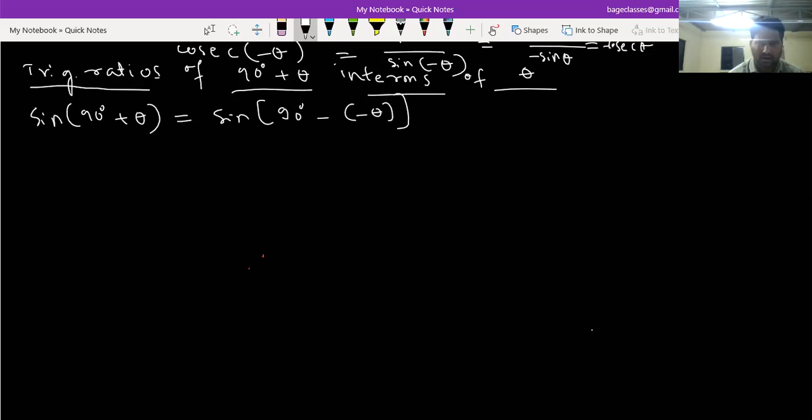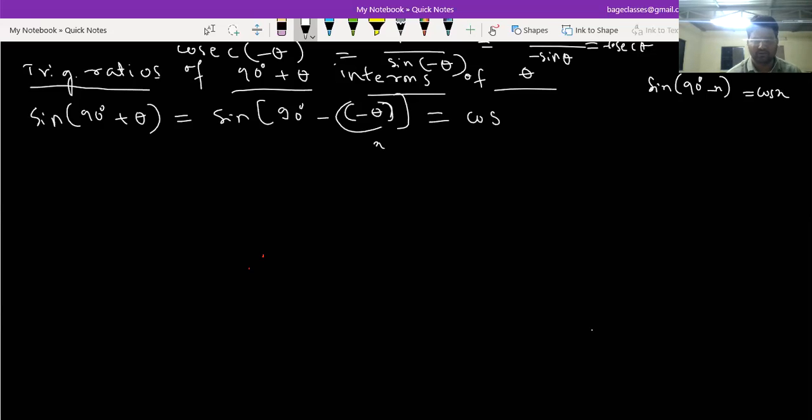So now I assume this minus theta is x. Then what you know: sine of 90 minus x is equal to cos x.